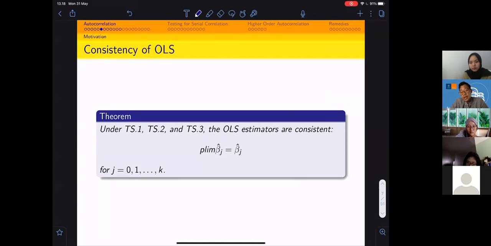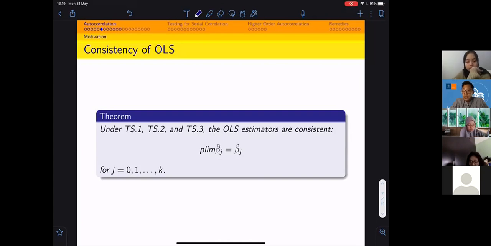So if we fulfill the first, second, and third assumptions, then we're going to obtain a consistent estimate of the parameters. Okay. Now, again, in this particular theorem, there's no mention of serial correlation. Okay. Why? If you remember, the issue of heteroscedasticity, the issue of serial correlation is not going to affect whether or not we get a consistent estimate.